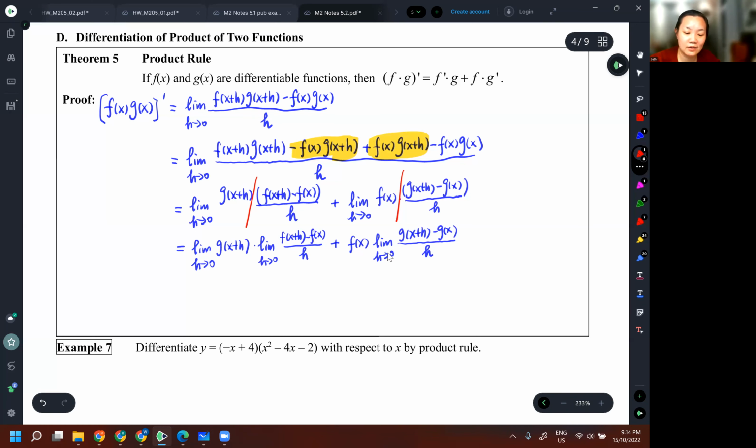Okay, and now it's g of x plus 0 times the derivative of f, plus f of x times the derivative of g.